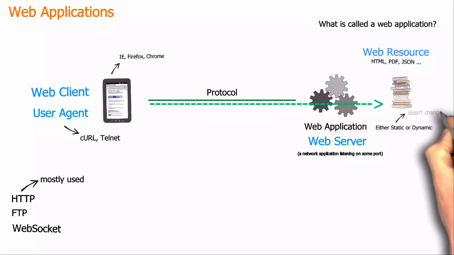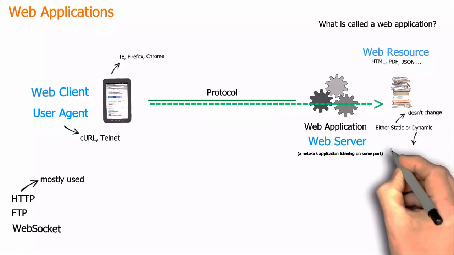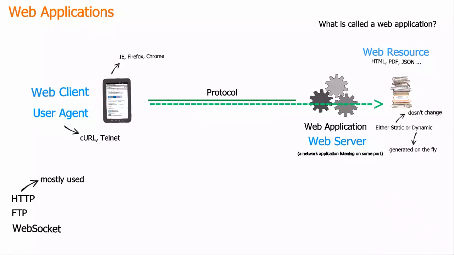In contrast, a dynamic resource is generated on the fly, in the sense that when a request for a dynamic resource comes from a web client, the web server builds the resource on the fly. For example, suppose a web server has a resource which embeds the current time, either in a JSON or XML document or an HTML page or whatever.